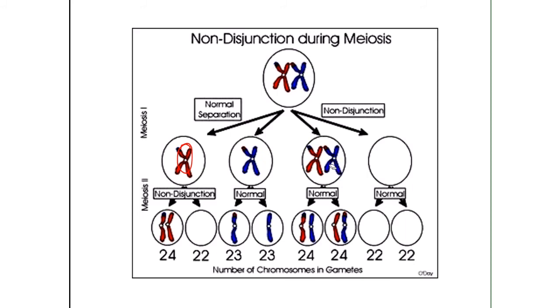Okay, and then afterwards, if you do one more normal division, then you end up having 2 gametes with 24 chromosomes, and then here the one that's missing the tetrad will end up having gametes that will have 1 less chromosome.